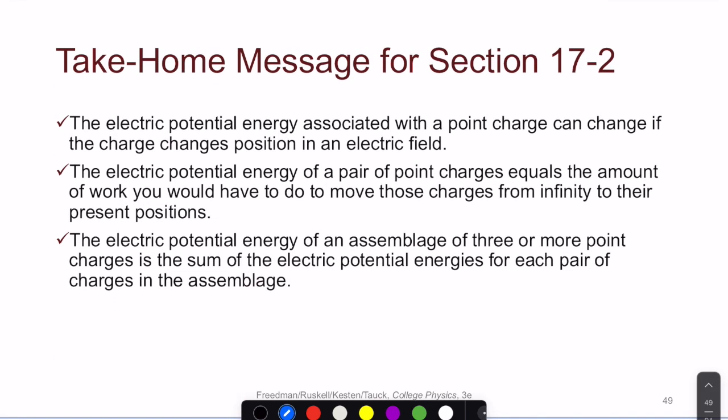So, to wrap up this section, we looked at electrical potential energy. We looked at it from a couple of different viewpoints. We looked at it from examining the work done by a particle in an electric field. We saw that that's equal to negative delta U, okay? And then we can also just calculate the potential by using K Q1 Q2 over R, right?